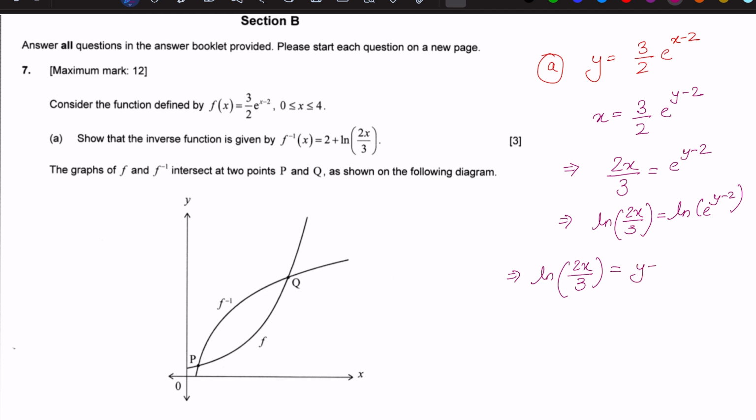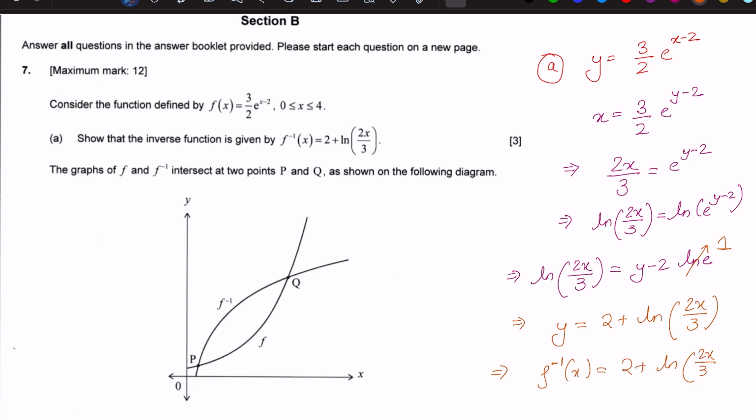I can bring this y minus 2 outside and we'll have ln e. Ln is log base e, so this will have a value of 1. If I simplify it a little bit, we will get y equals 2 plus ln(2x/3), and in this case your y is f inverse x. So f inverse x would be 2 plus ln(2x/3), and this is what we need to prove.